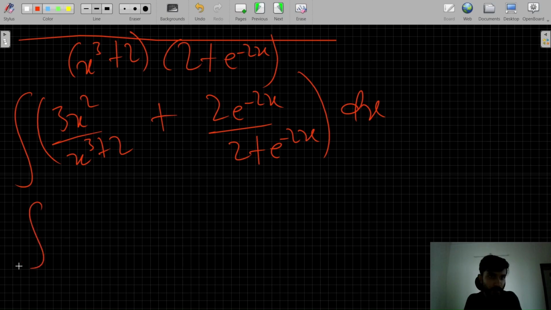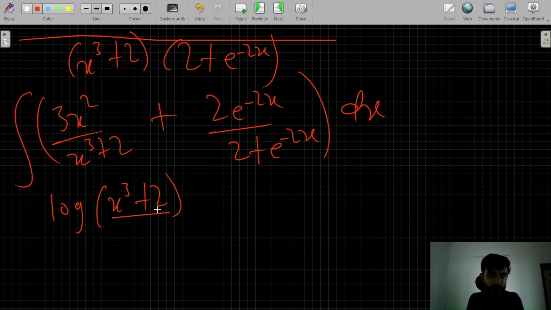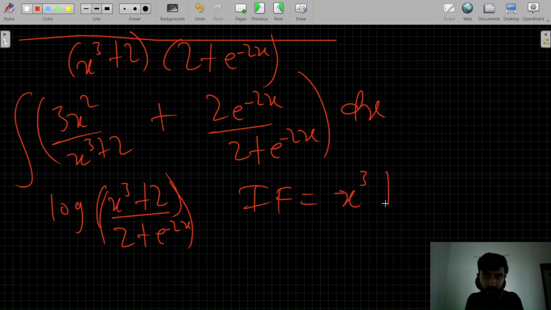Now, what is the solution of this integral? We get log of x cubed plus 2 divided by 2 plus e power minus 2x. This is the solution. The integrating factor is x cubed plus 2 divided by 2 plus e power minus 2x.